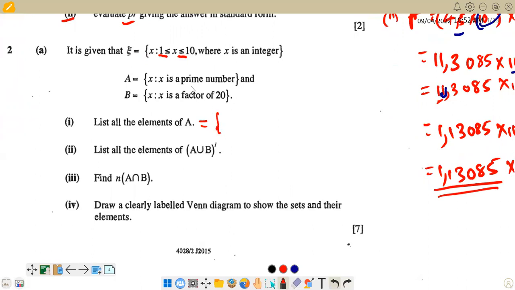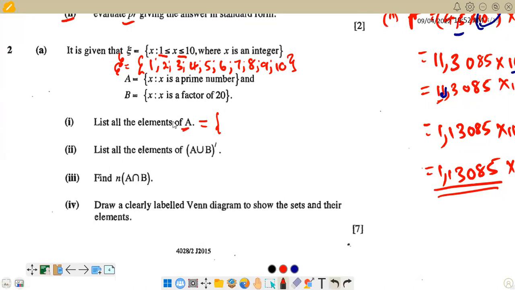From the universal set. Our universal set, we are given that it's 1 up to 10, which means in this case, our universal set is going to be elements 1, 2, 3, 4, 5, 6, 7, 8, 9, up to 10. So this is our universal set.